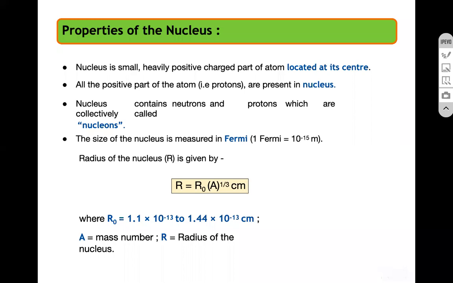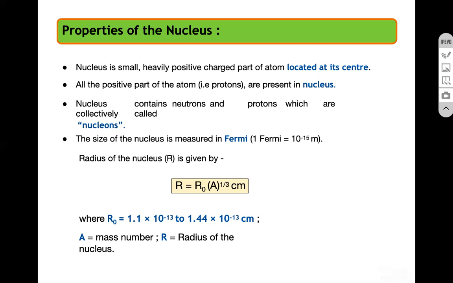Now what happens? As I already explained, the neutron was not discovered before Rutherford; it was discovered after the Rutherford model. In the Rutherford model, he told about only protons. Though Rutherford had no idea what the neutron is, later Chadwick discovered the neutron.